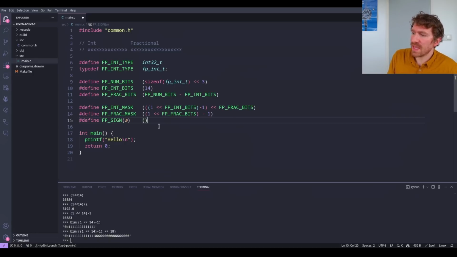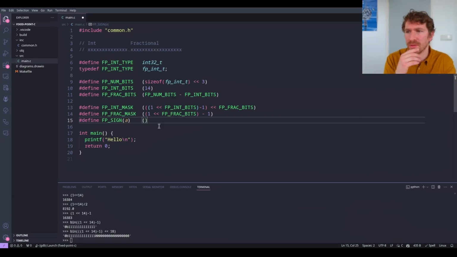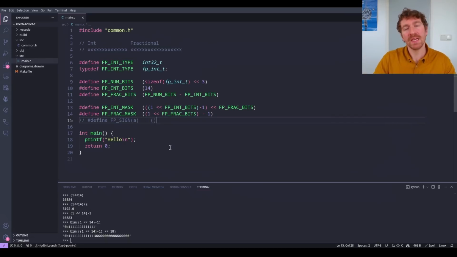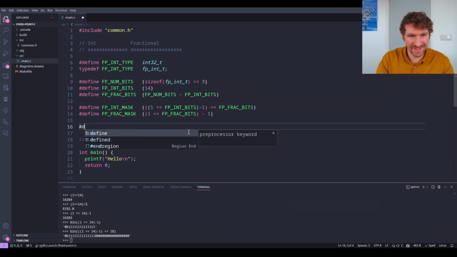Although I think it would probably be more useful for this to return a 1 if it was positive and a -1 if it was negative. So let's think about doing that. For that, we need to figure out how we can take any given normal integer and get it into this format. Well, it's really simple for integers. So I'm going to write a little function here, or macro.